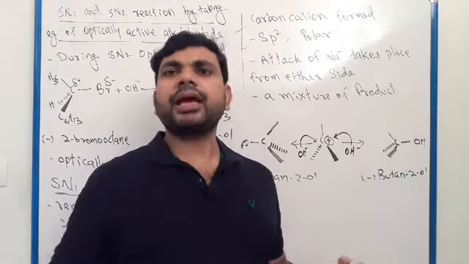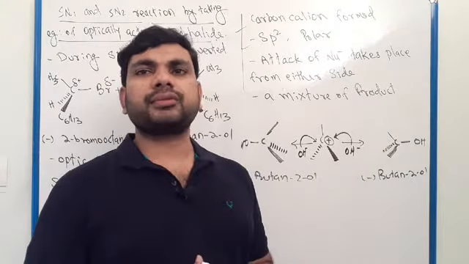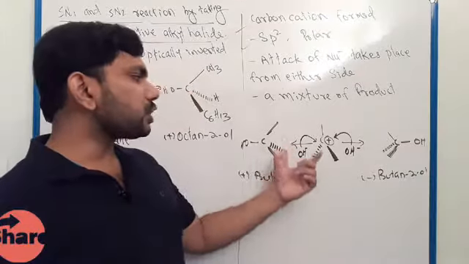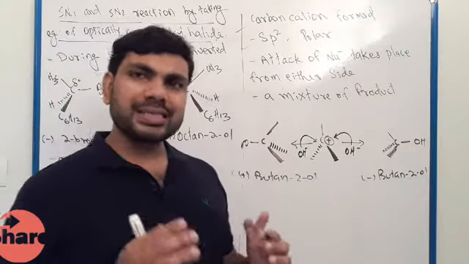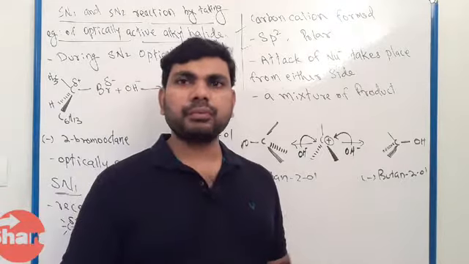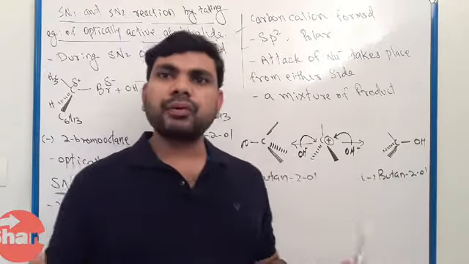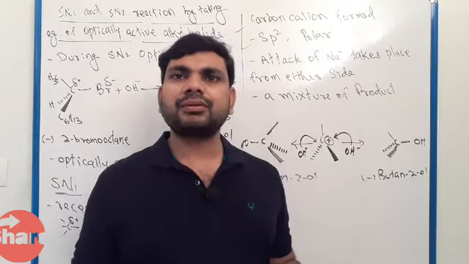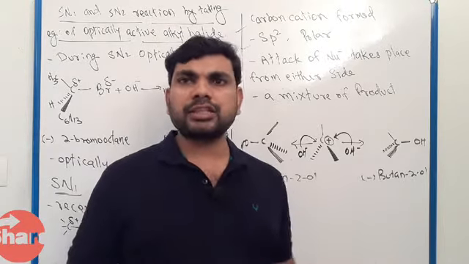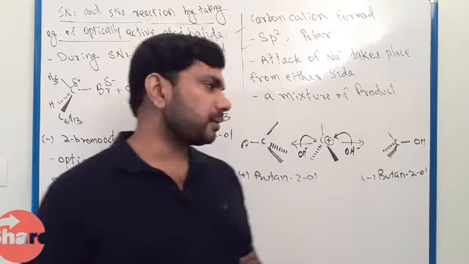So in the actual reaction, a mixture of products is formed. This is the reason: a carbocation is formed, and the nucleophile can attack from either the left or the right side.